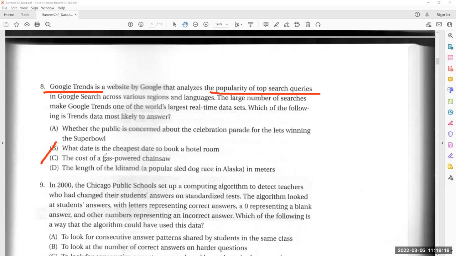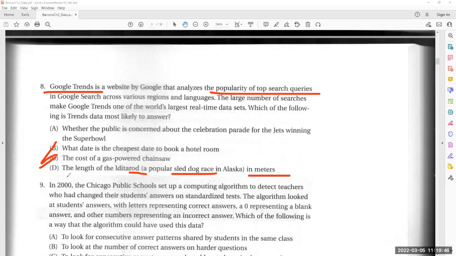Second, the cost of the gas powered chainsaw. Same thing, how much you sell it for is not voted on by people, so it's not trending. D, the length of some rod, in meters.